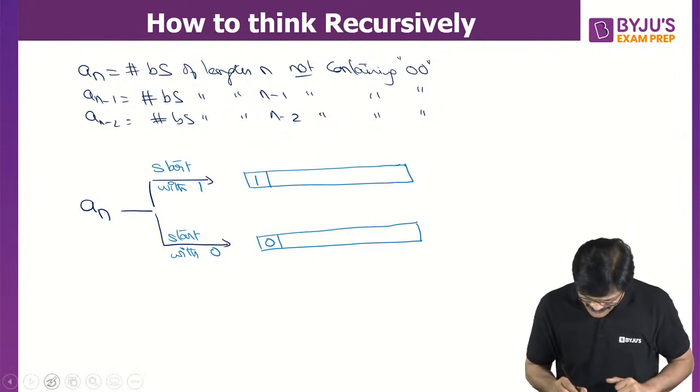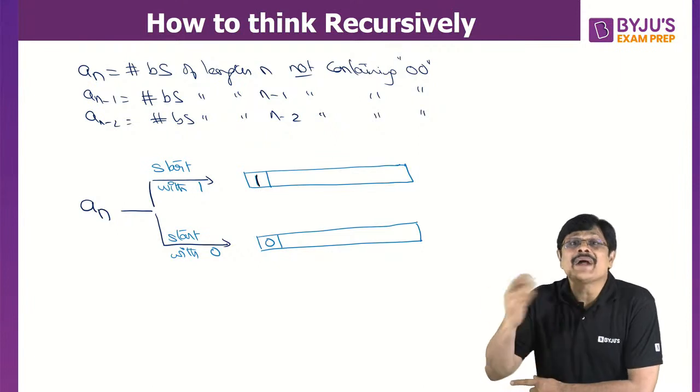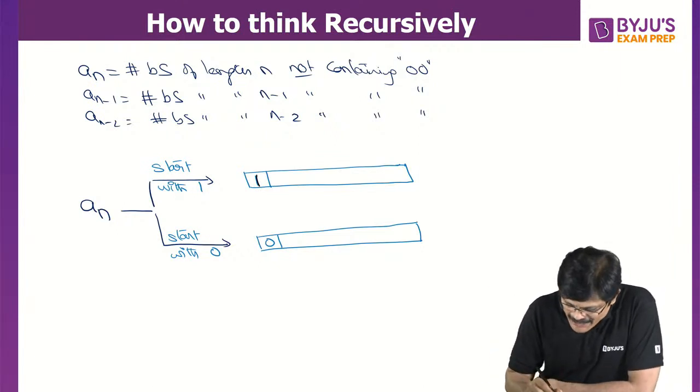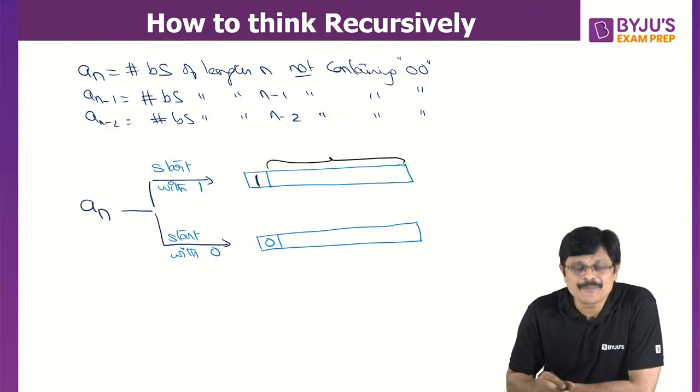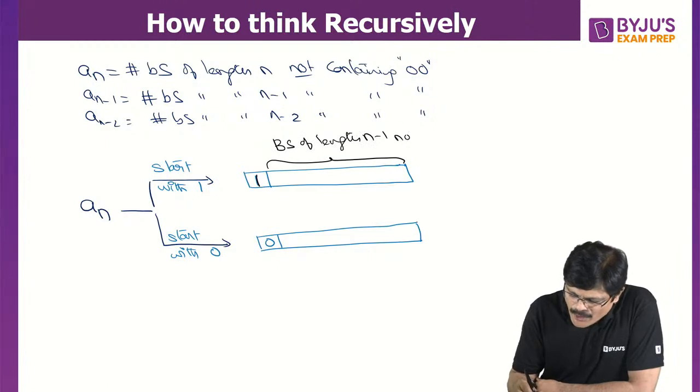अब ध्यान से देखिएगा, please see this carefully. Now it is starting with 1. Remaining problem क्या है? Remaining problem is binary string of length n minus 1 not containing 0 0.